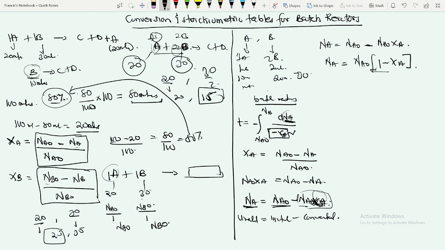And then having this, we can actually find the Ne against the Xe. So we want to differentiate this reaction with respect to Xe, right?